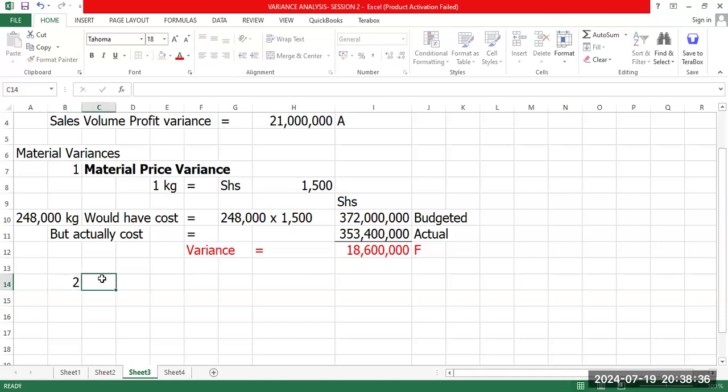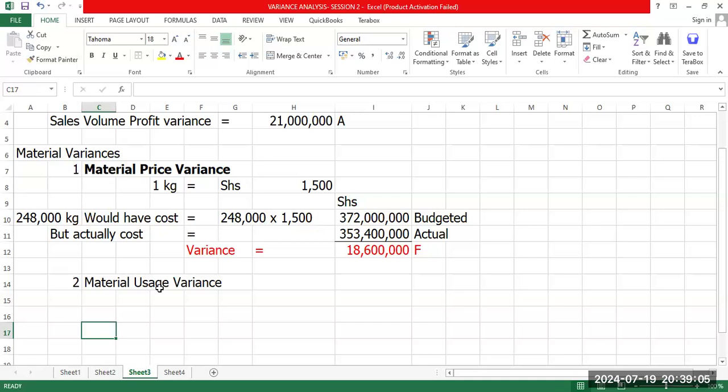Number 2, which is material usage variance. With usage, you're looking at how efficient you are in terms of using these materials to produce your output or to produce your product.